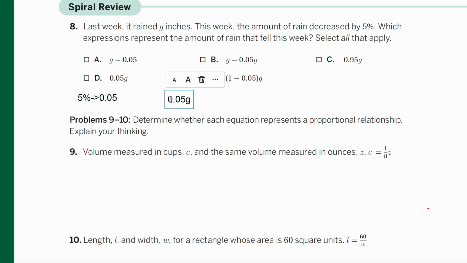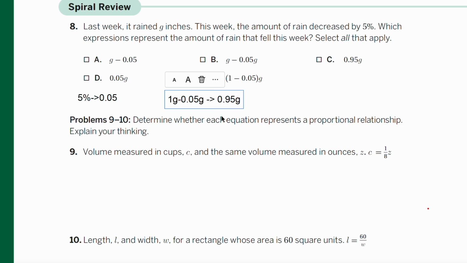Now we know that it decreased, so we have to subtract that amount, and it's going to decrease from the amount that it rained last week, which was G inches. So our equation is going to have something like G, or 1G, minus 0.05 G. Now I know that 1 minus 0.05 is going to be equal to 0.95.